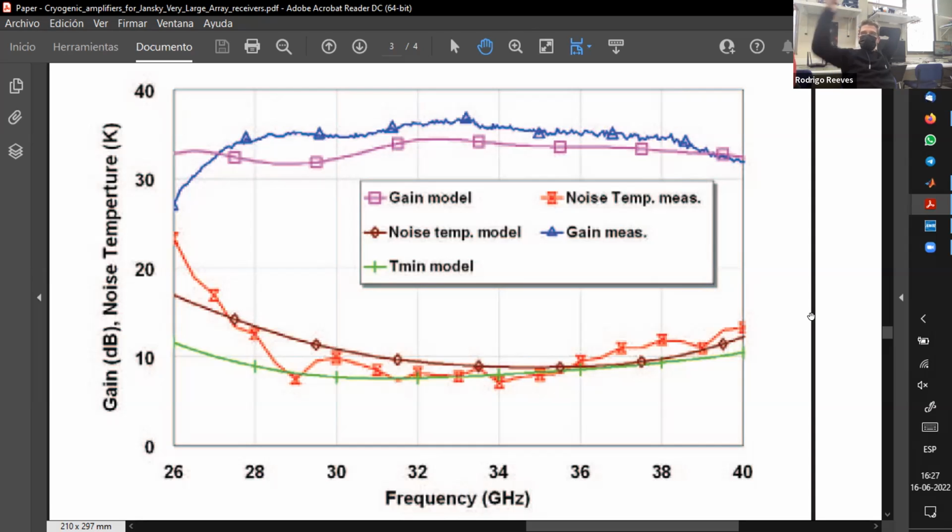So here, this is a measured result and a designed result. The noise temperature model is showing below 10 Kelvin, and gain, it's the brown one. And they have measured the red one. And we are now simulating similar values. So I think we did pretty good in a few hours.